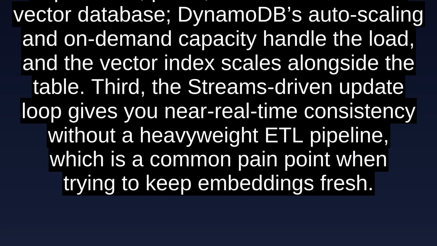Second, the pattern leverages fully managed services, meaning you don't have to provision, patch, or scale a dedicated vector database. DynamoDB's auto-scaling and on-demand capacity handle the load, and the vector index scales alongside the table. Third, the streams-driven update loop gives you near real-time consistency without a heavyweight ETL pipeline, which is a common pain point when trying to keep embeddings fresh.